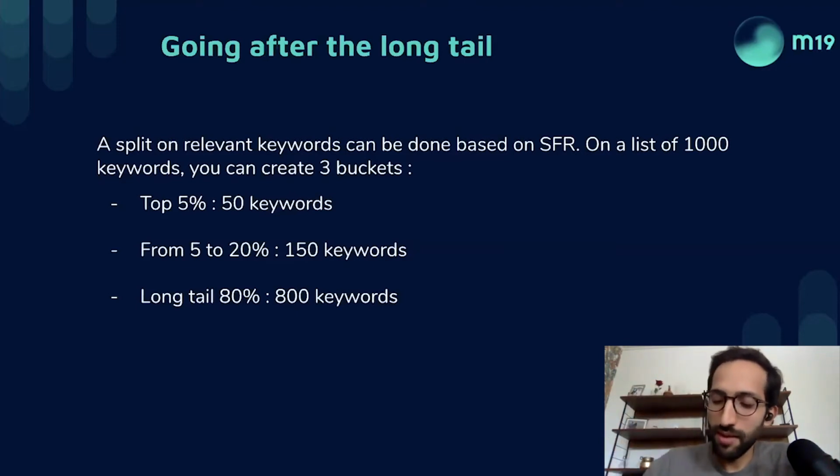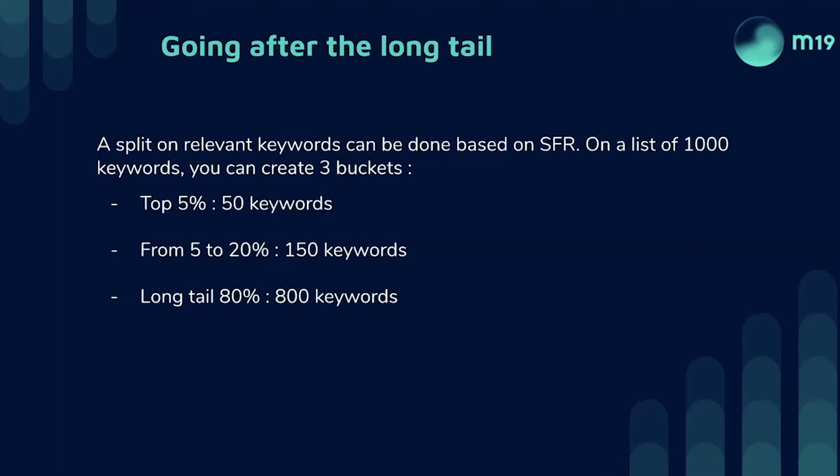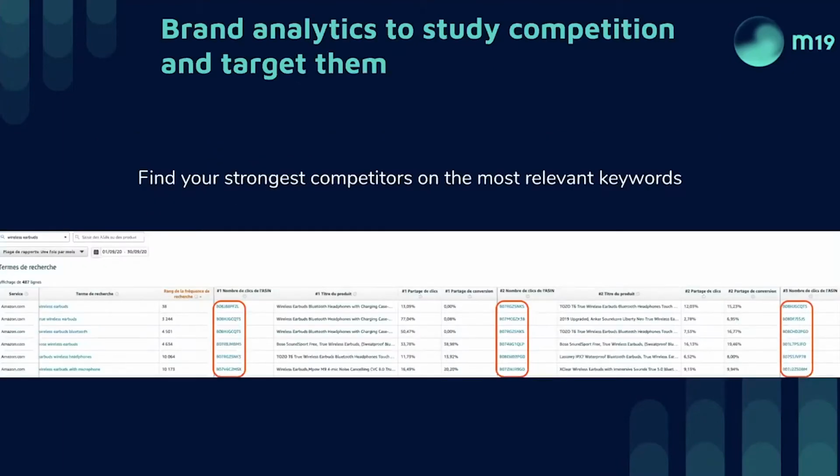But the main thing to keep in mind is, if you are doing it for multiple products that you are promoting, you need to have one product per ad group. You need to be isolating your own product that you are promoting, and this list of keywords should be per ad group.